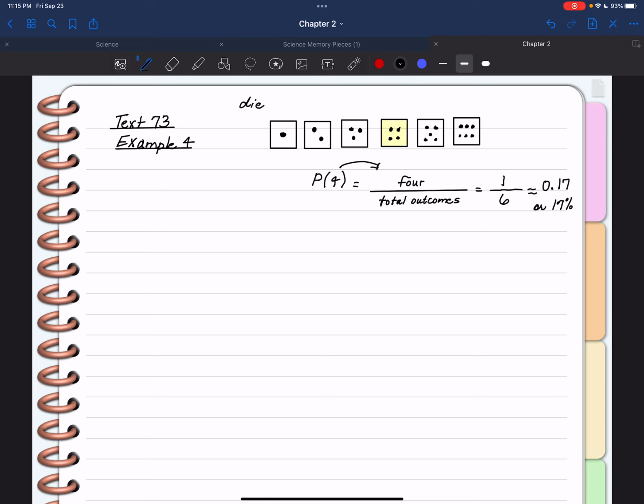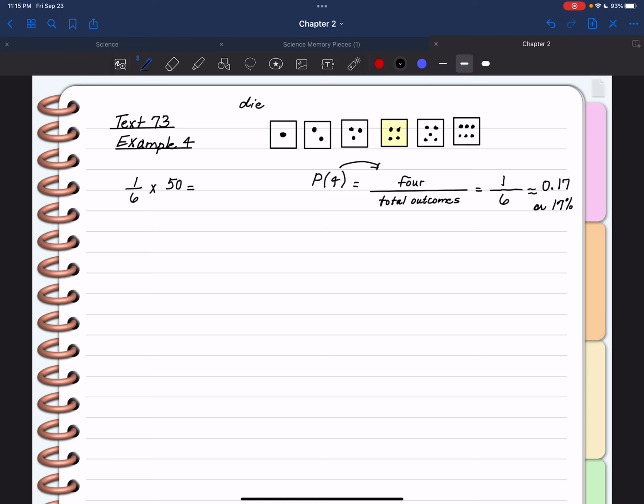But the question was not what is the probability of rolling a 4. The question is, if you roll the die 50 times, how many 4s would you be likely to roll? So we have to take the probability, 1/6, and do it 50 times. So 1/6 times 50 is 8 1/3.